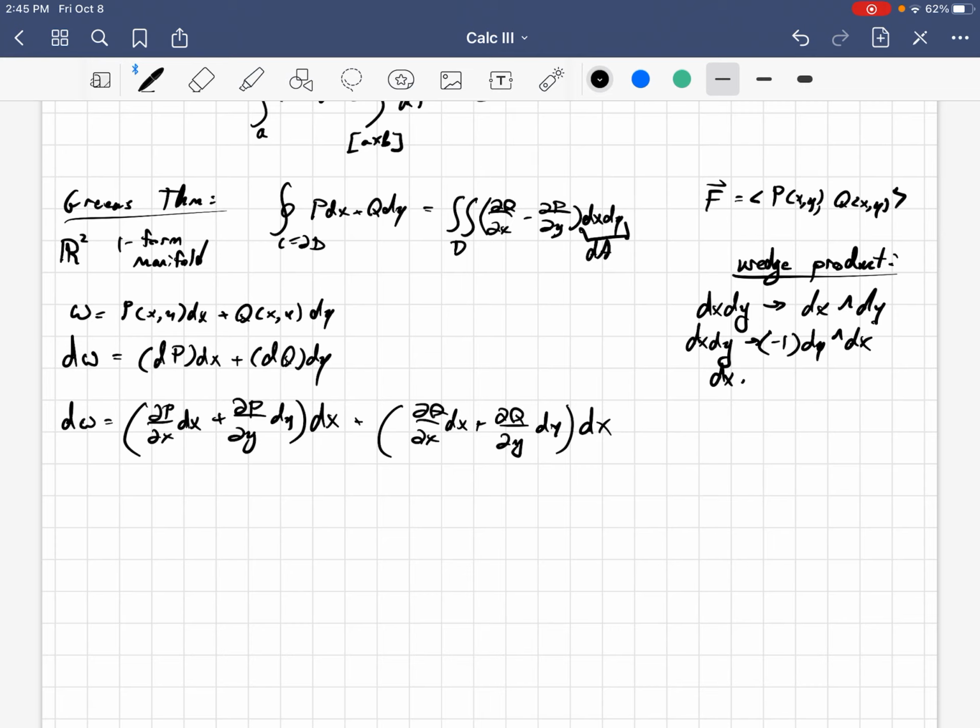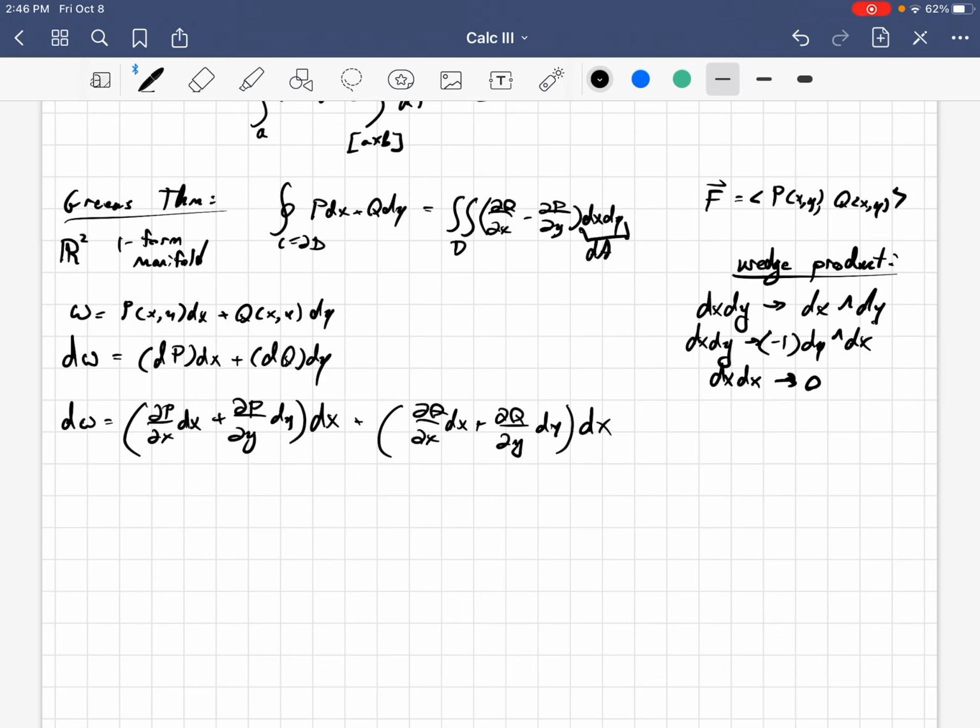So dx wedge dx goes to 0. You'll see that in a lot of physics proofs and also in some calculus proofs, where if you've got dx multiplied by itself two or more times, you take it to 0.